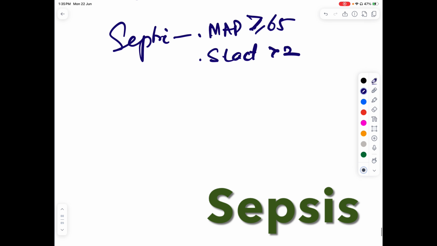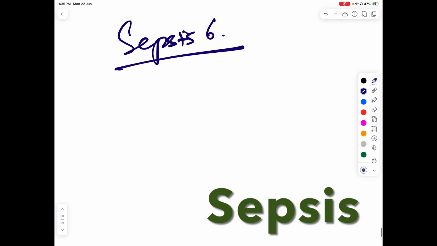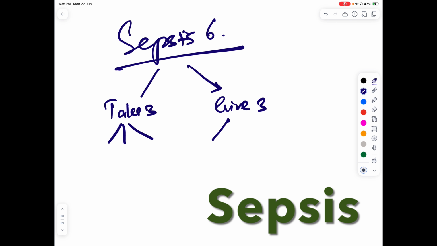What is Sepsis 6? Take three, give three. What three things are you going to take? One, two, three: two sets of blood culture, serum lactate measurement, and urine output measurement.